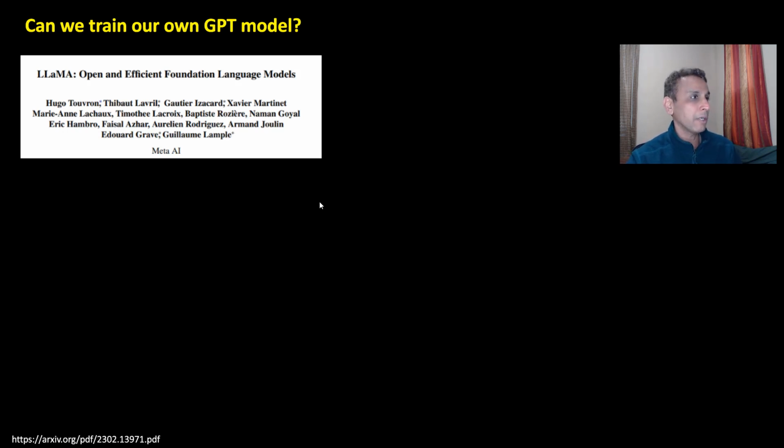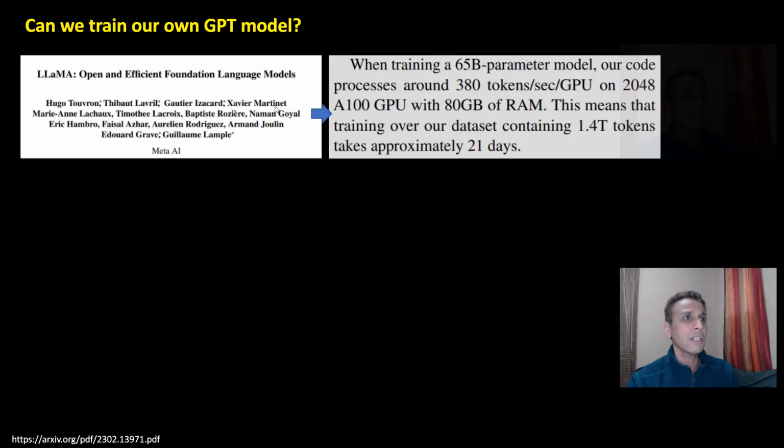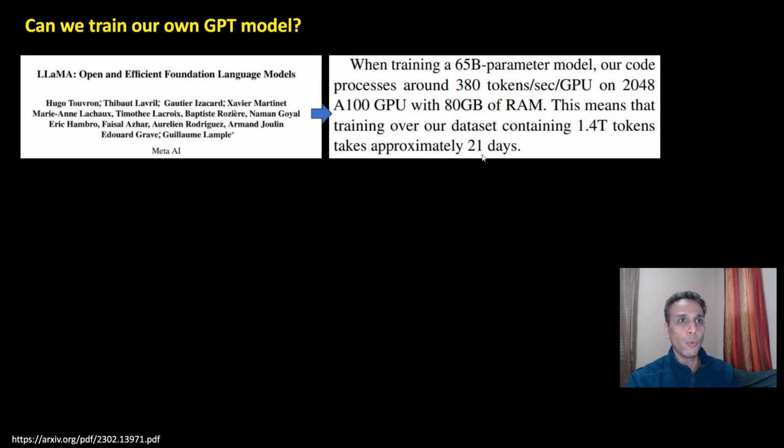It talks about open and efficient foundation language models. And why am I referring you to this paper? Because here they give us an idea about what it takes to train these large models. They trained a 65 billion parameter model, and they processed around 380 tokens per second on A100 GPUs, 2048 of them.